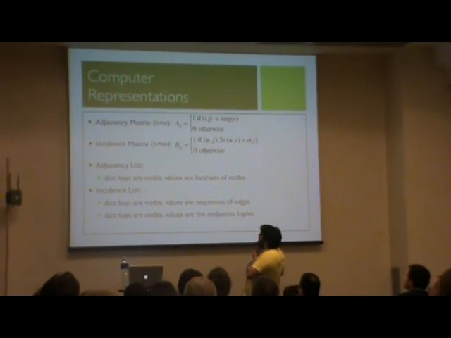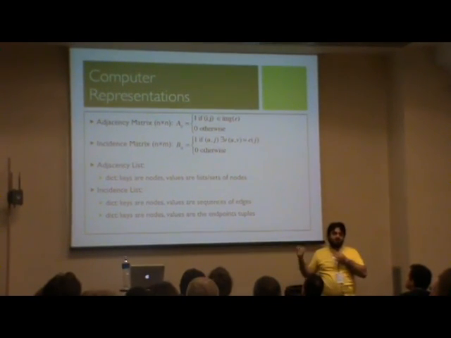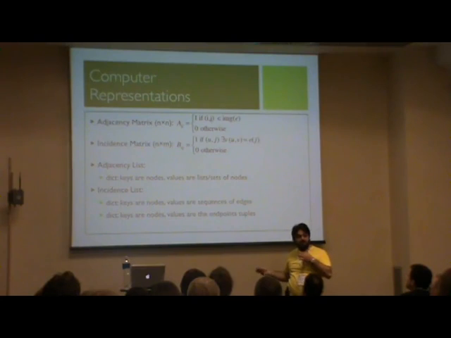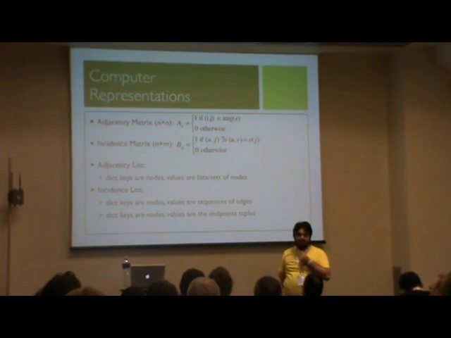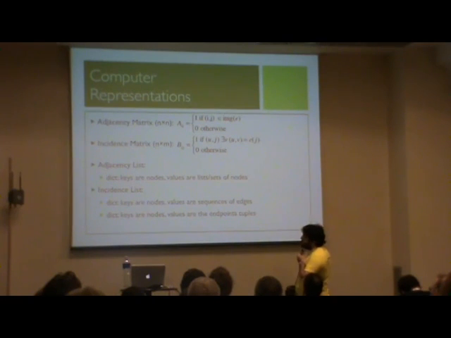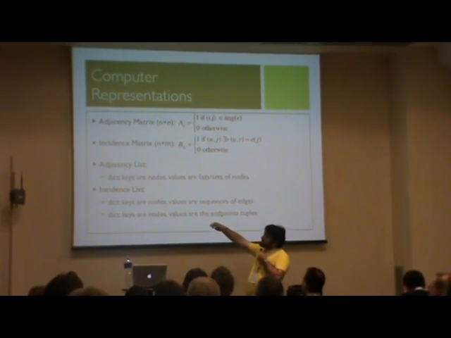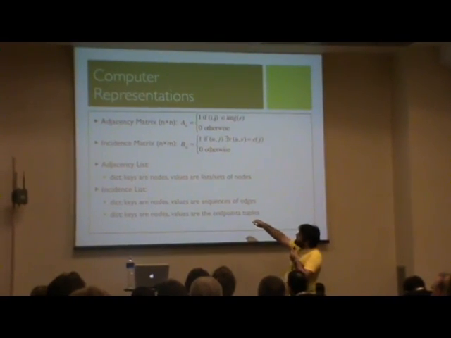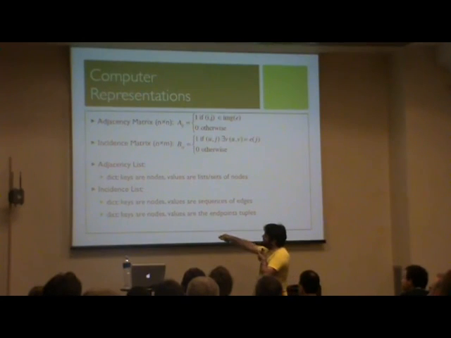So this is what we mean by using sparse matrices. They are very sparse, and we should not use, for example, NumPy, but SciPy matrices. Okay? For adjacency lists we have a dict, and keys are nodes, values are lists or sets or something like that of nodes.